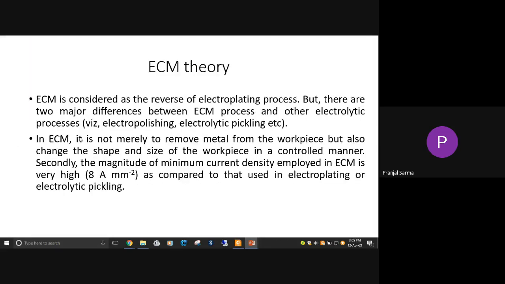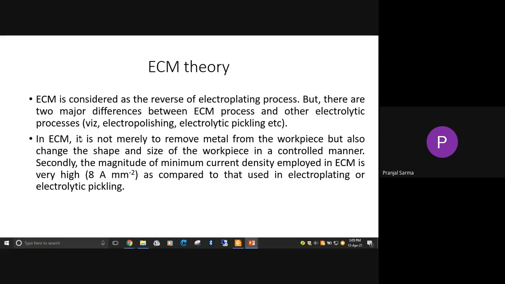As I have already discussed, you can consider it just like the electroplating process, which all of you already know about. In electroplating, our intention is to have a layer of the depositing material over a particular metal. We have to plate it, just like silver plating, or maybe a gold plated jewelry.